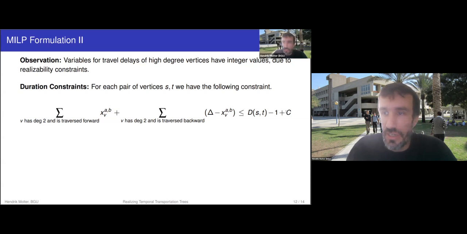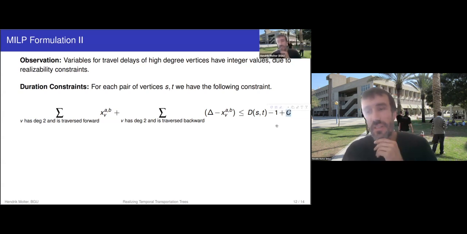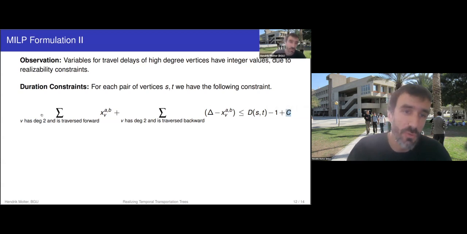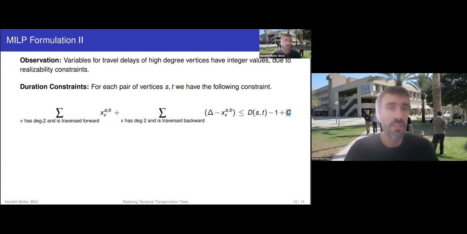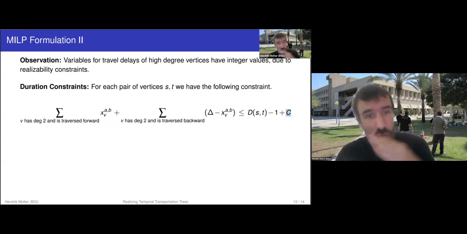So here I just added this C on the other side, which should be the travel delays at the high degree vertices, and what remains is the travel delays at degree 2 vertices that we traverse in a forward manner and in a backward manner.